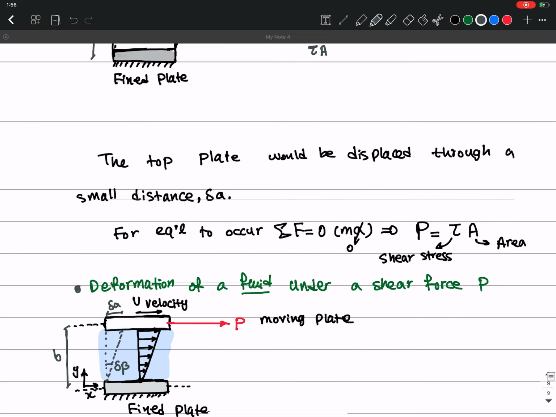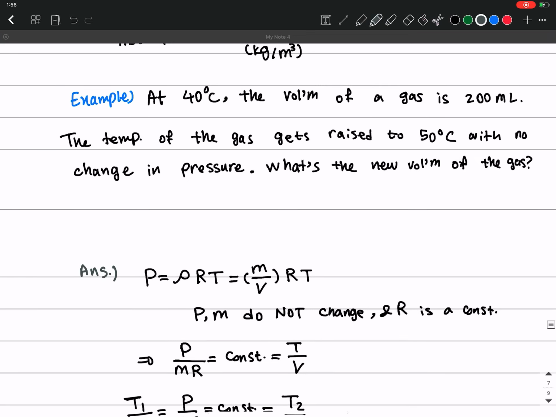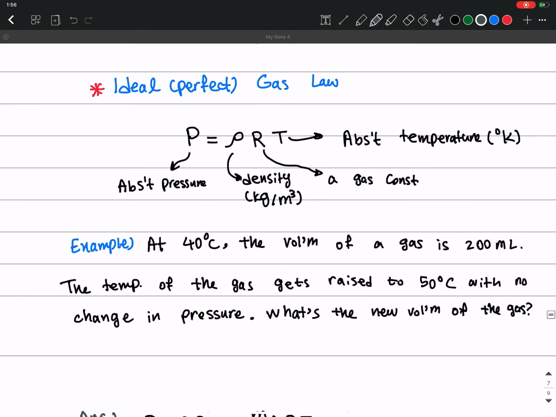So let me just have a brief overview of what we learned here in this session. So we started talking about the ideal or perfect gas law. So this is the formula of the ideal gas law, which is P equals rho RT, which is absolute pressure equals density times the gas constant times absolute temperature. And absolute temperature means we have to calculate it in Kelvin.